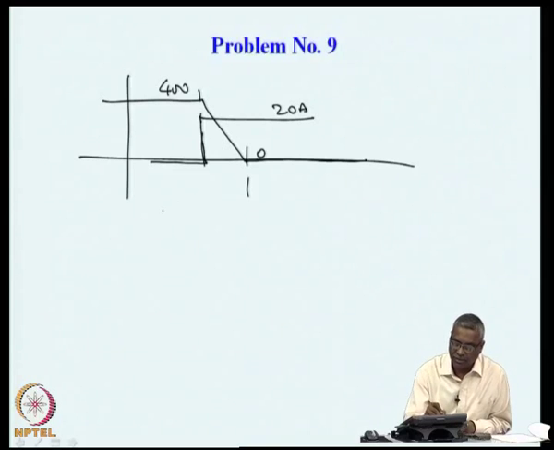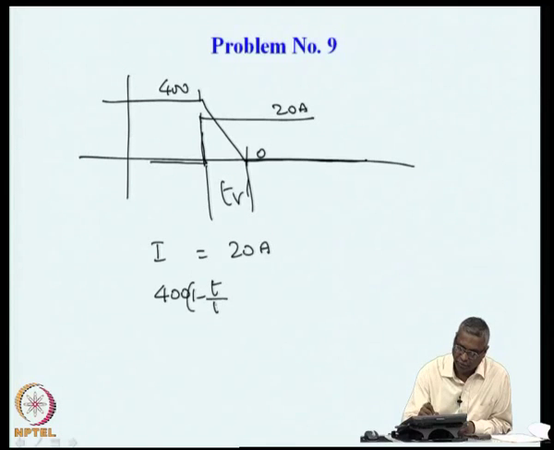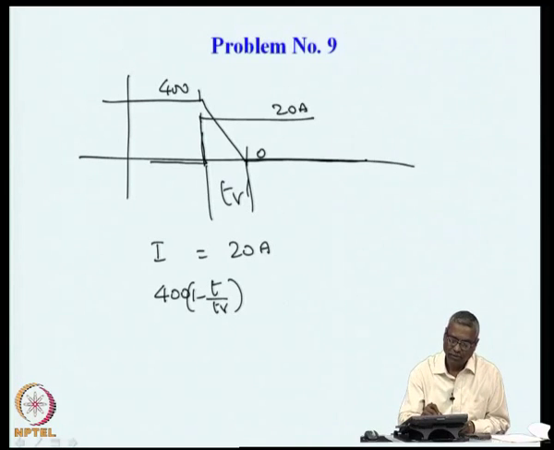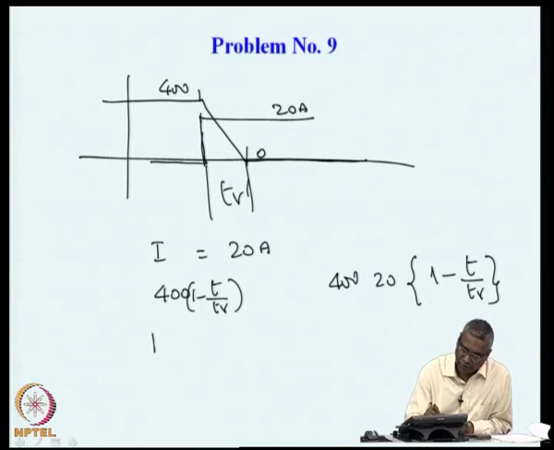So, the calculation is much simpler here, because during the entire tr interval from 0 to tr, current is constant, which is 20 amperes, and the voltage is varying as 400 into 1 minus t by tr. So, that is how the voltage is dropping. So, the instantaneous power dissipation is 400 into 20 multiplied by 1 minus t by tr.